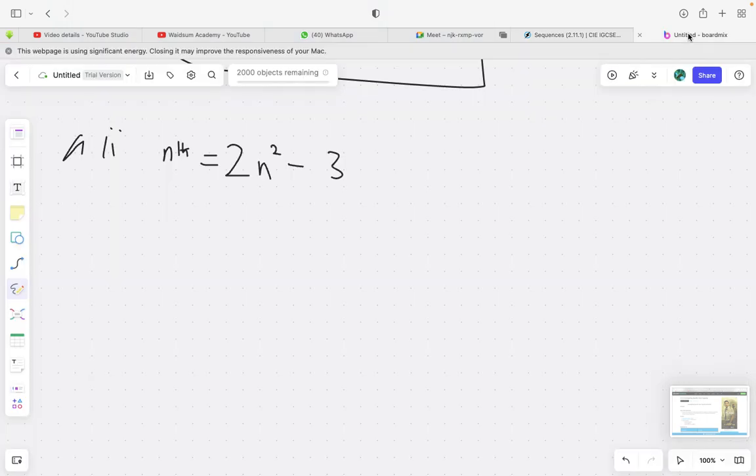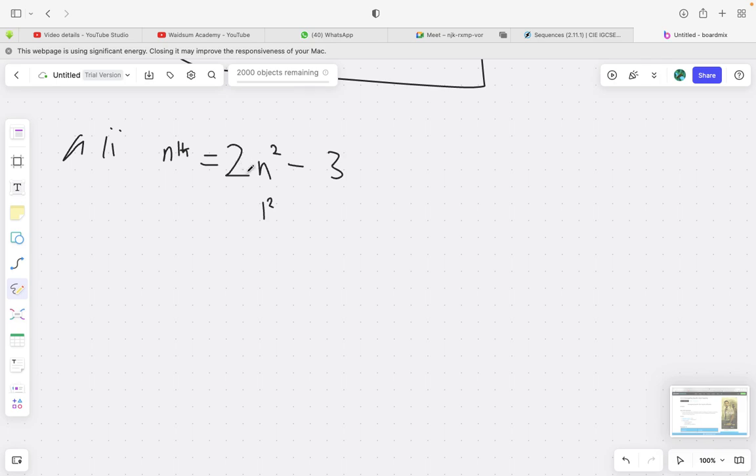So this is the position-to-term rule; once they say nth term, they're talking about the position-to-term rule. So I'll just generate the first term. n will be 1 for the first term, so 1 squared is 1.